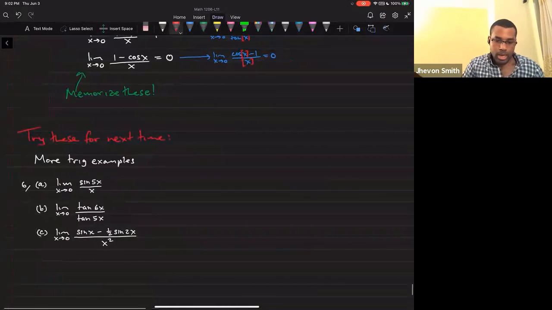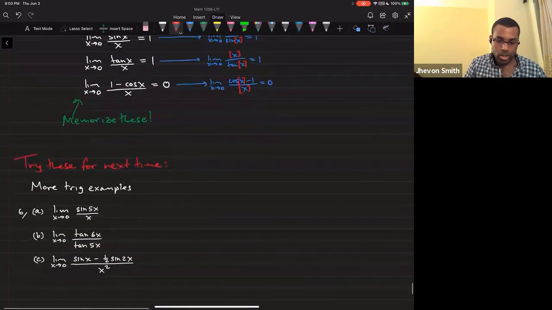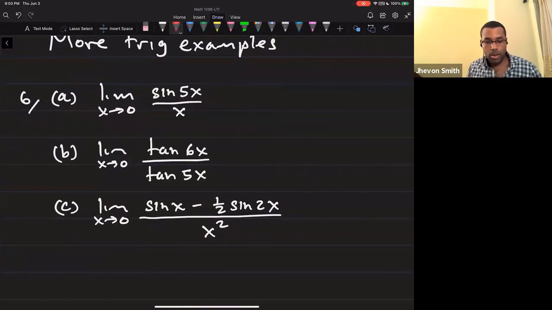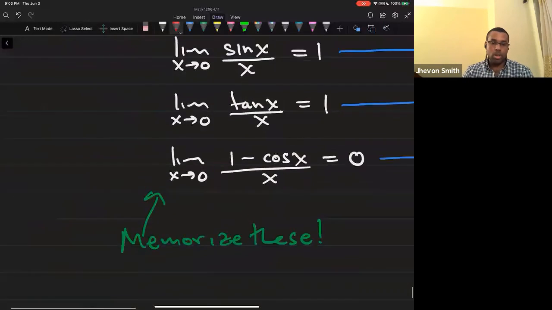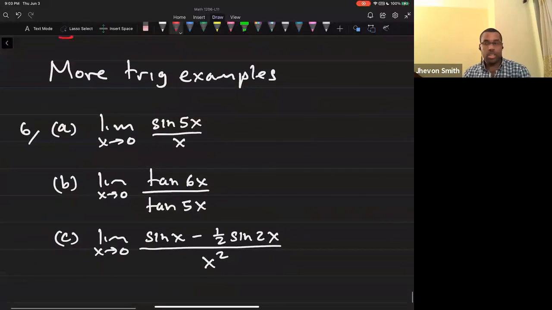Turns out with the limits that I gave you above and a little bit of knowledge of algebra and pre-calculus, you can actually find all of these limits. They're not really ones that the squeeze theorem would help you with, but knowing the special limits can help you with these. So that's another technique.